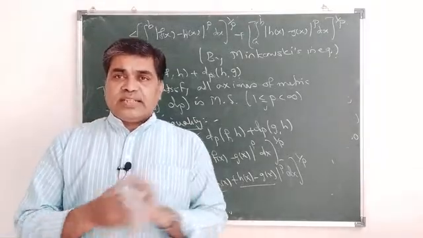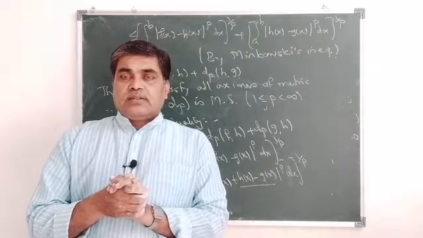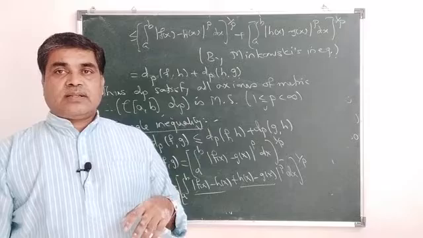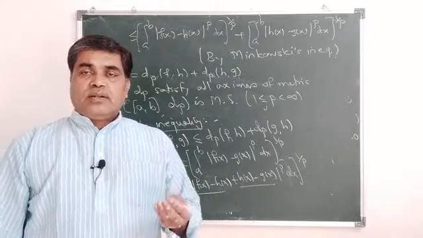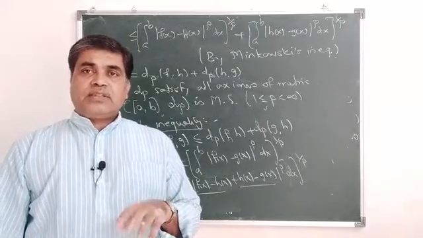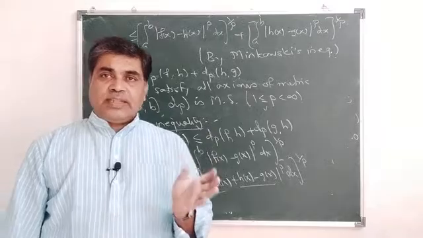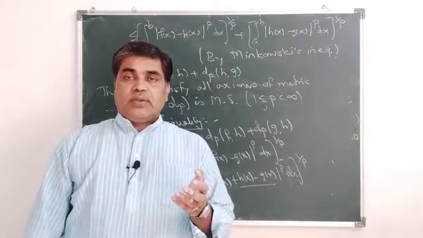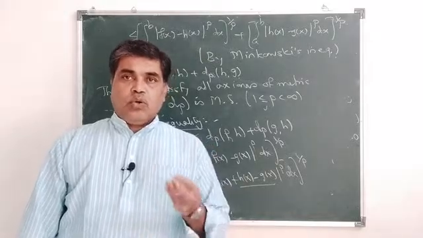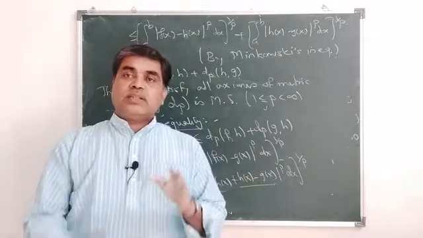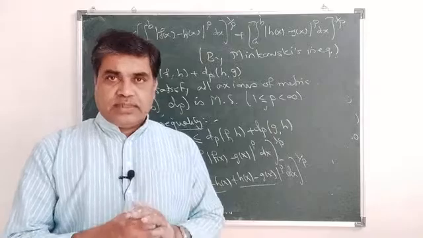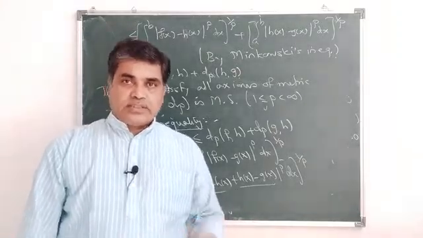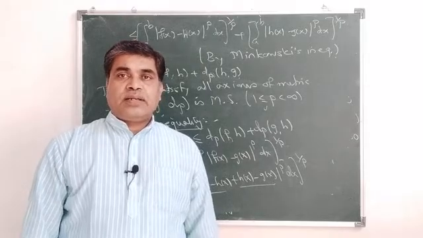We require these examples. So with this example, we'll stop here, and in the next lecture we'll take examples of functions which are not metrics, and metrics which we construct from old metrics. That means we'll construct new metrics from given metrics in the next coming lectures. We'll stop here. Thank you.